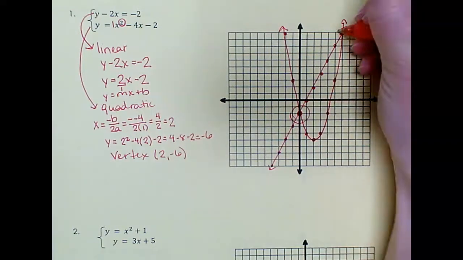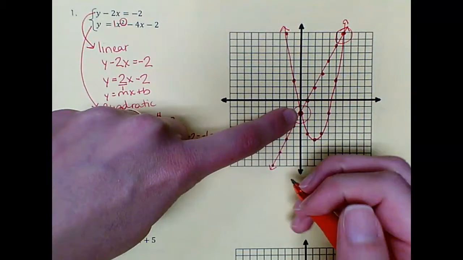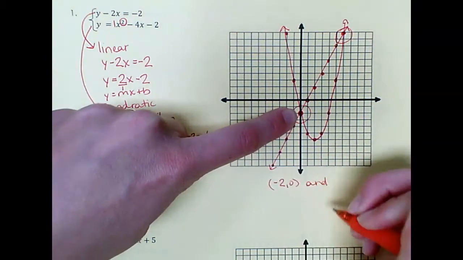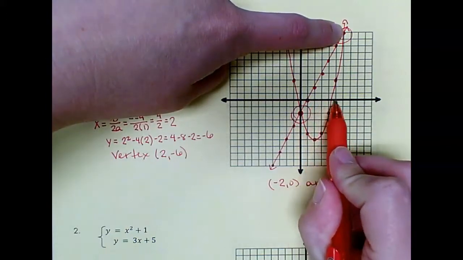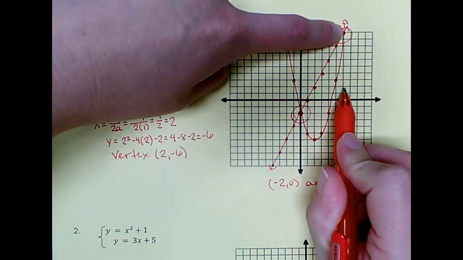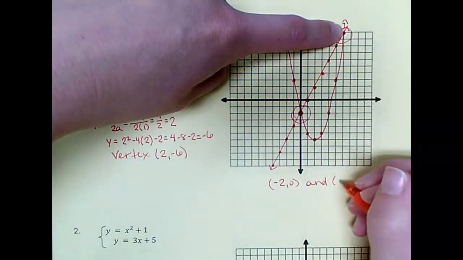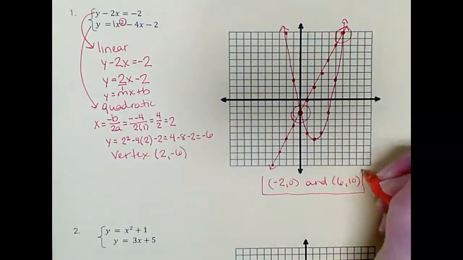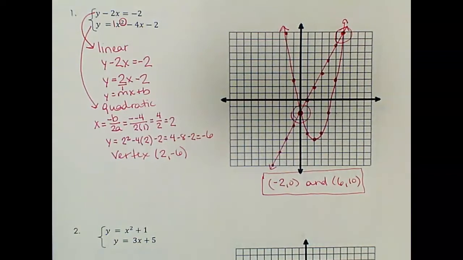So we've got 2 points of intersection. Those 2 points are at negative 2, 0, and at this point, which is 6, 10. Those are my 2 solutions because those are the 2 places where my graphs intersect.